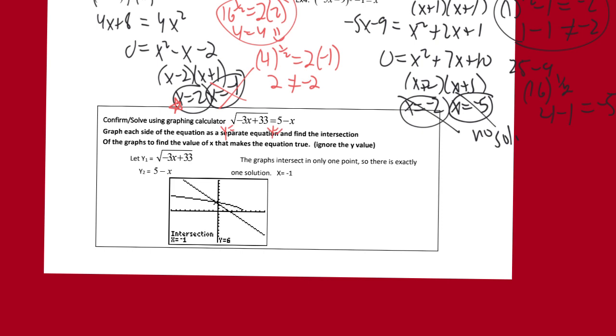Let y1 equal one side, let y2 equal the other side, and then calculate the intersection. You would get an ordered pair xy, like -1 something. What we really want is just what x is. We're solving the equation for x, so look for the x coordinate of that intersection. So the x being -1 is when they both coincide. So that makes the equation true. So that's another option for how to solve it.